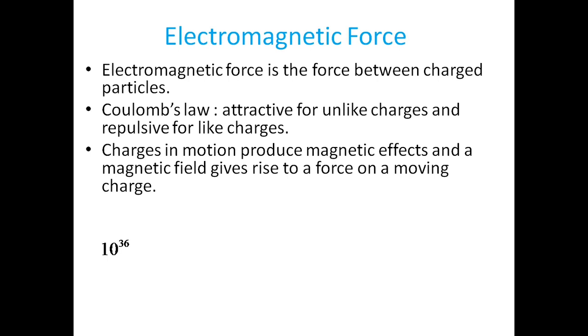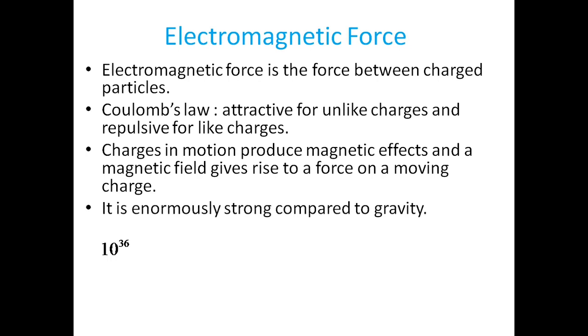Coulomb's law is the core subject of this electromagnetic force. Charges in motion produce magnetic effects, and a magnetic pole gives rise to a force on a moving charge. It is enormously strong compared to gravitational force. So compared to the gravitational force, the electromagnetic force is always so strong.